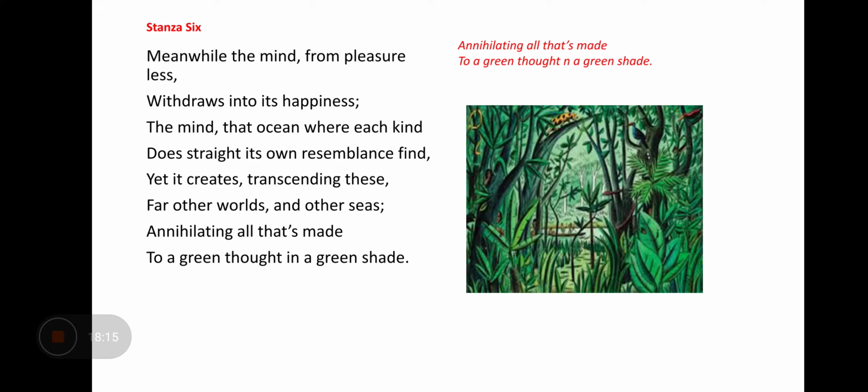The mind is like an ocean where each creature living on land has a counterpart in water. However, the mind can also create altogether different lands and different oceans which quite surpass the real lands and the real oceans. The mind reduces everything that has been created to nothingness, giving rise to fresh and vigorous thoughts in the shade of a green tree.